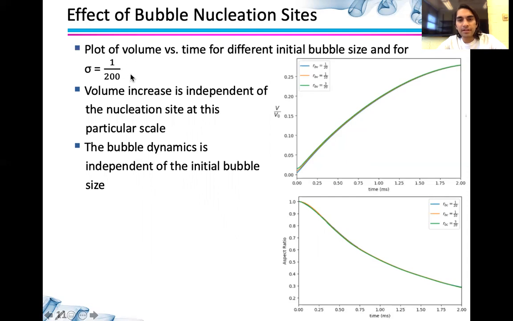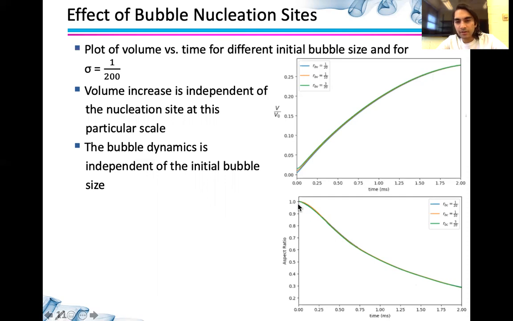We look at a cavitation number of 1/200, and the way we normalize volume here is using the middle case where the RBV is 1/10. And we observe that even though the initial conditions of the bubbles are different, they all lead to the same solution, and the solutions basically converge.